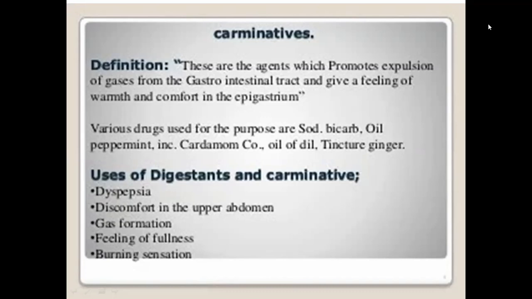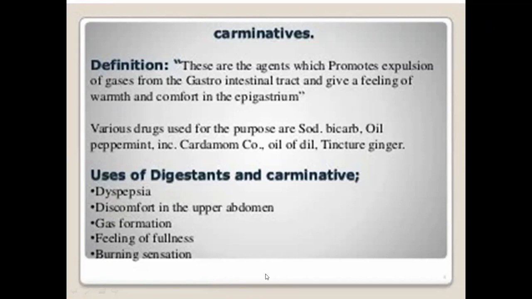Then burning sensation, that is acid. If there is excessive secretion of acid and burning sensation in the GI tract, then carminatives are given to relieve this sensation. So these are the uses of carminatives.